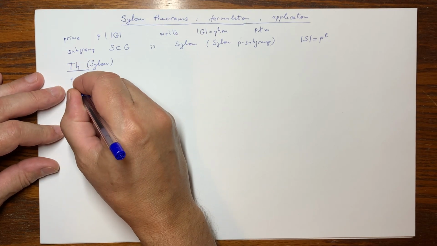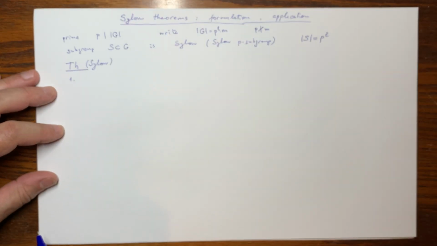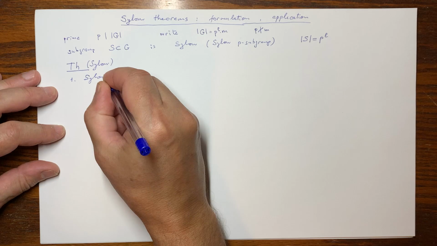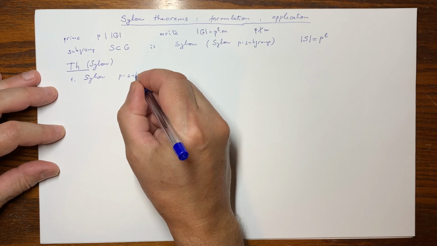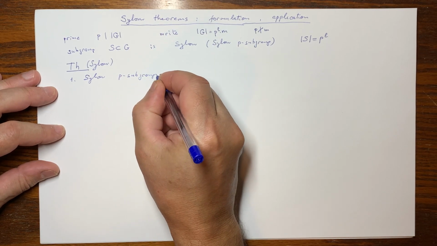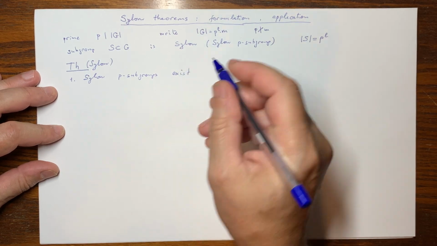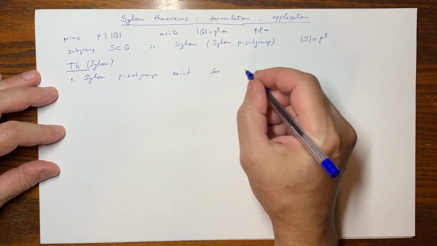The first says that such subgroups exist, for any prime divisor.